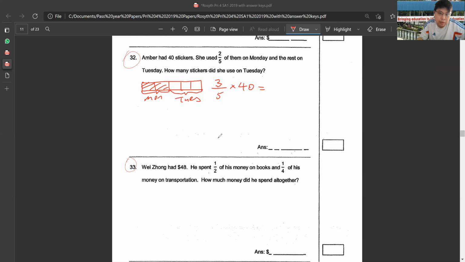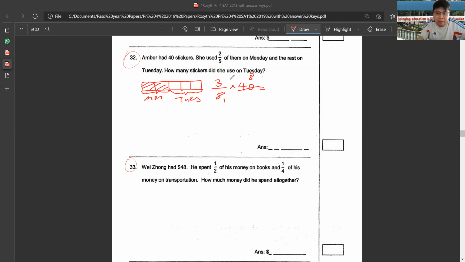Very good. What's the answer? What must you do to multiply 5 and 40? Can I cancel the 5 and 40? Can or cannot? 40 divided by 5 is how many? 8. Therefore, I can cancel my 5 and my 40. 5 I cancel become 1. 40 I cancel become 8, because I'm dividing both numbers by 5.